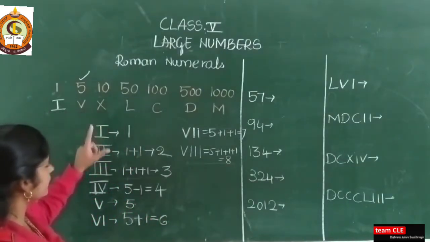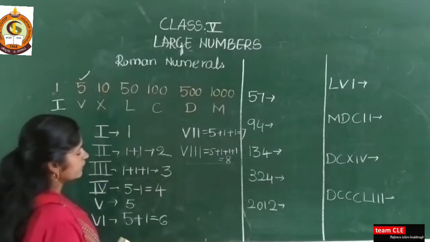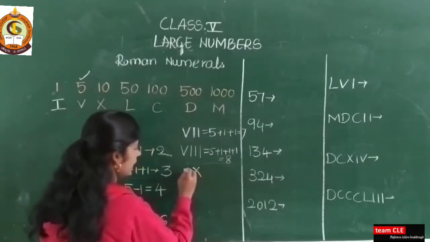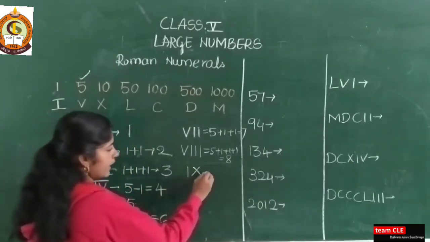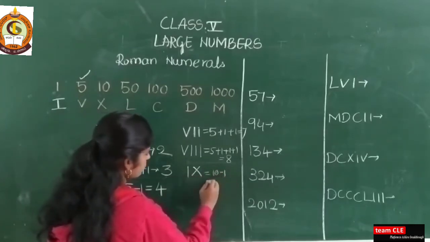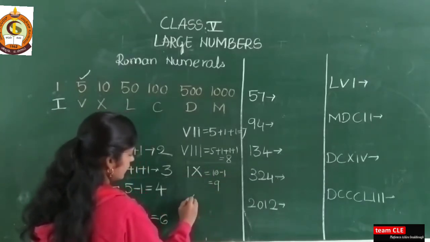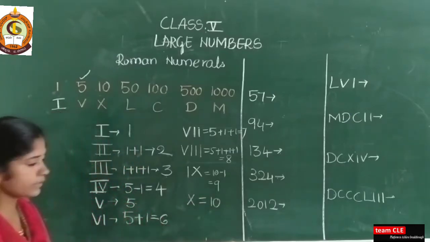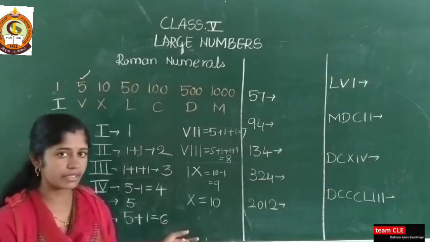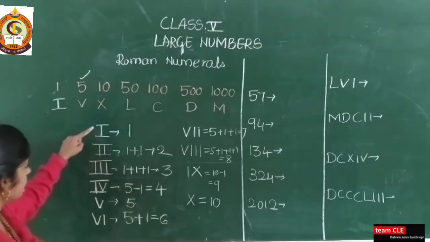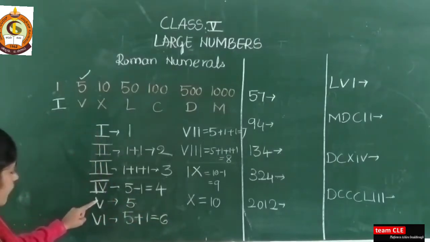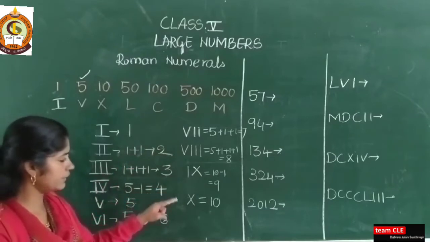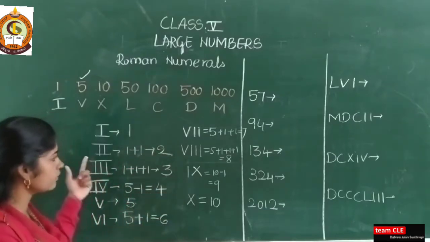So 10 is there, we know how to write 10: X. Write X and write 1 before it, that is 9. Here 10 minus 1 is 9. X means 10. So these are the letters we write for 1 2 3 4 5 6 7 8 9 10. This is how we write 1 to 10.